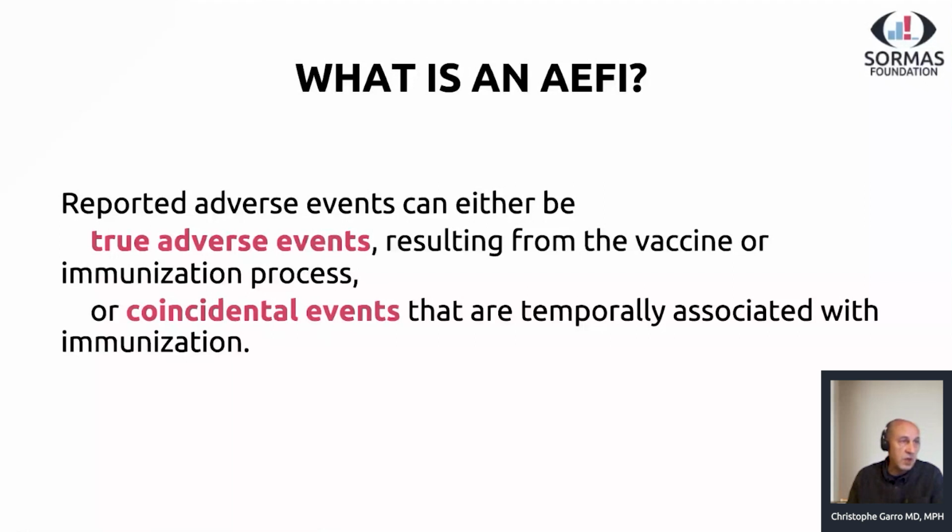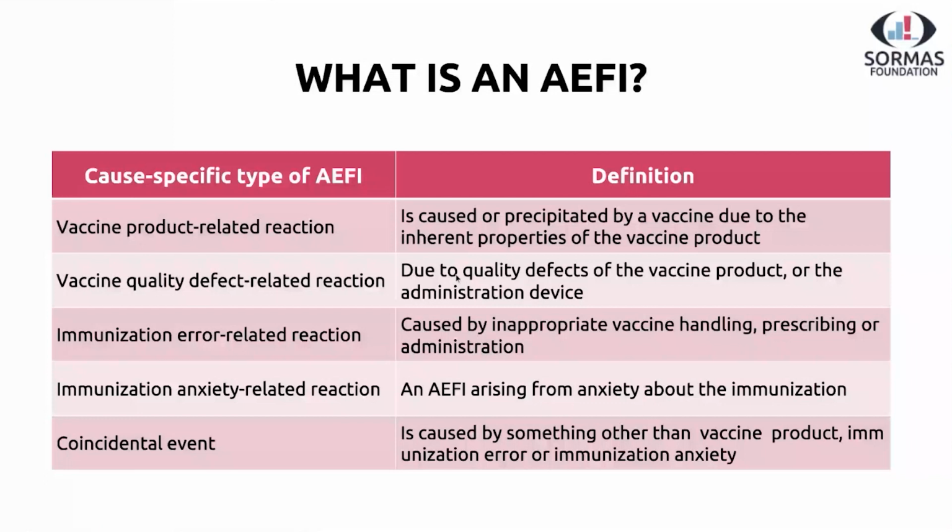They are temporally associated with immunization but would have happened even without the immunization most of the time. We will group the adverse events into different categories, 5 of them.